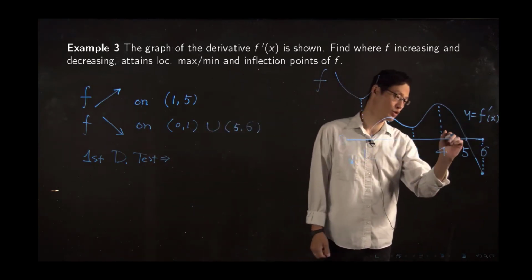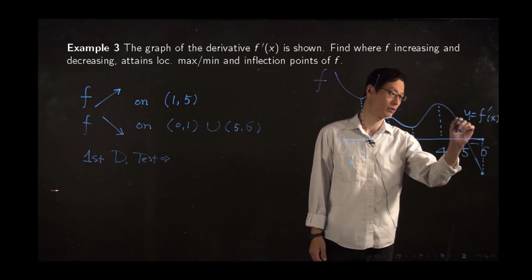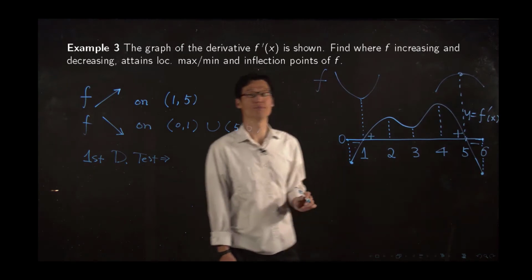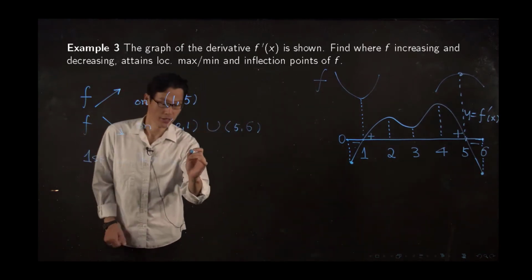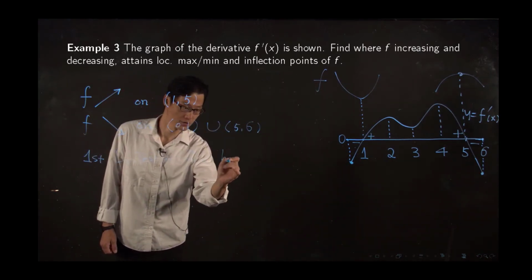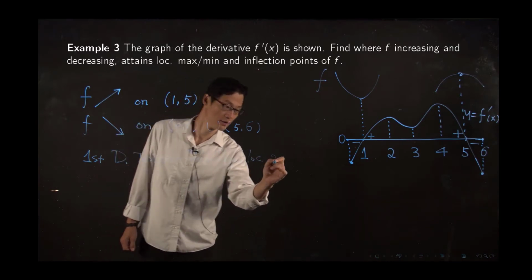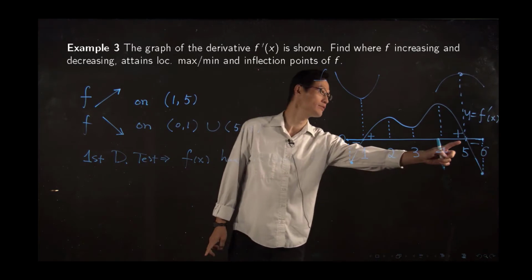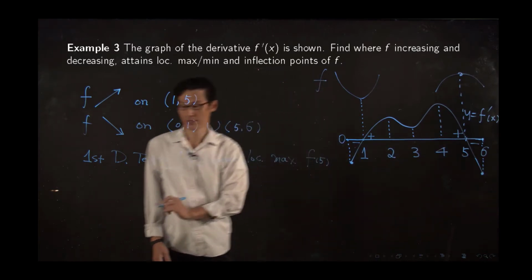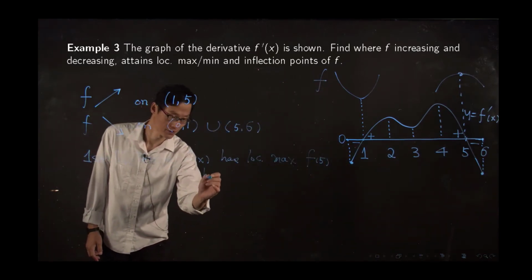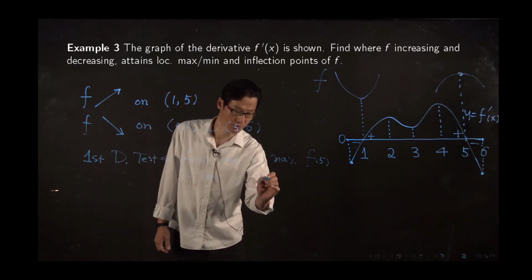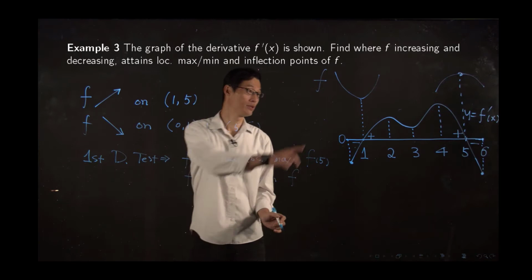And whenever f prime changes sign from positive to negative, our function must be increasing and then decreasing, a local maximum. So f has a local maximum at f of 5, and then f has a local minimum at f of 1.